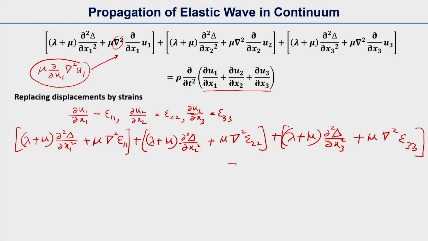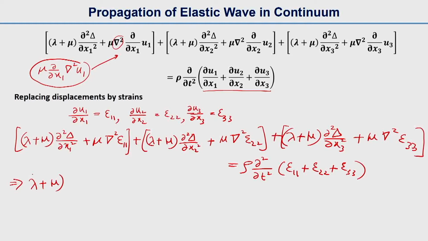On the right hand side this will give rho times the second partial with respect to time of epsilon 1, epsilon 2, epsilon 3.